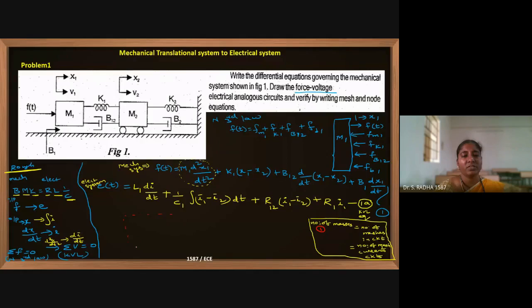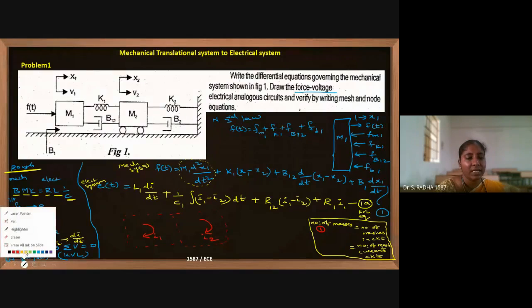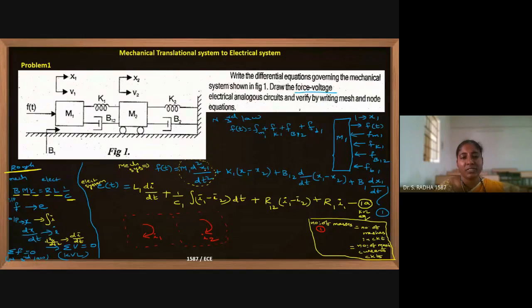One closed loop is one mesh, and this is another mesh. In the first mesh I will take clockwise direction I1 current, and in the second mesh clockwise direction I2 current. Here in the first term I missed the suffix, I have to write I1.